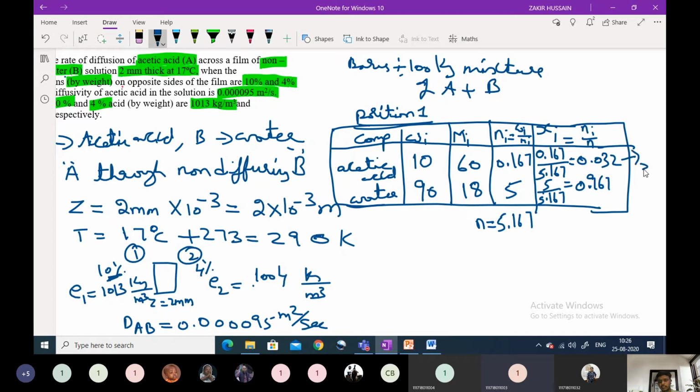So this one is XA1 and this one is XB1. Then similarly at position 2.